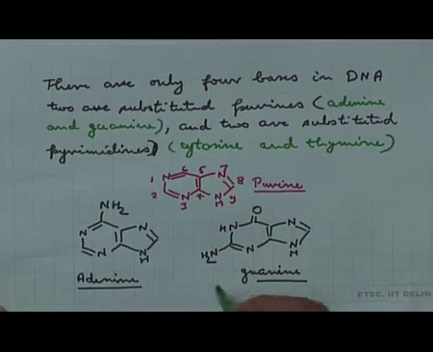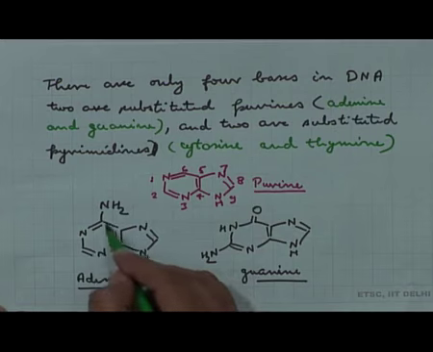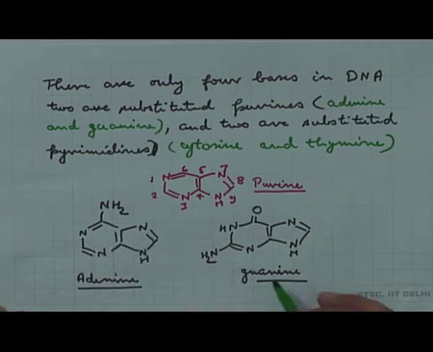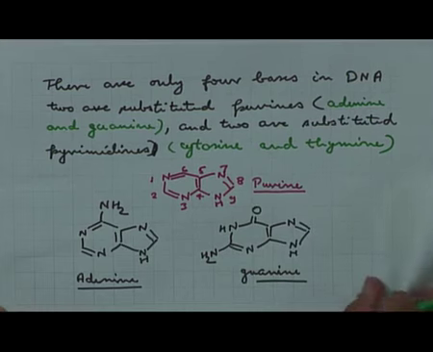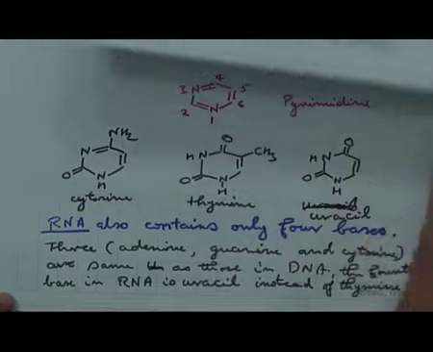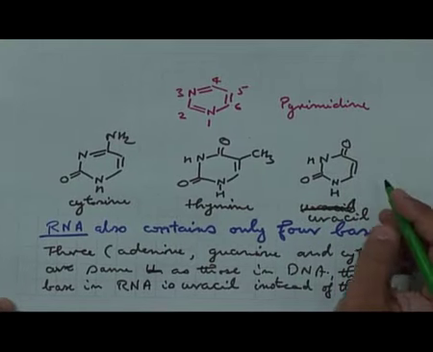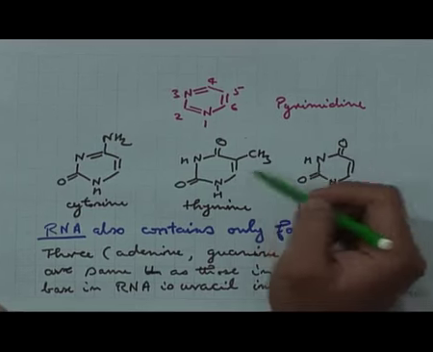Here is the structure of the purine bases. Adenine is 6-amino purine, and guanine has an oxo group at the 6 position and an amino group at the 2 position in the purine. The pyrimidines in DNA are cytosine and thymine, basically substituted pyrimidines.